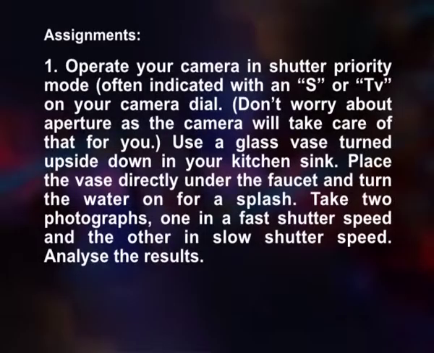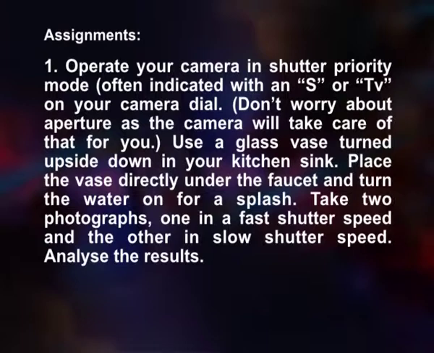Before we move on to the next session, please try to answer the following questions. 1. Operate your camera in shutter priority mode, often indicated with an S or TV on your camera dial. Don't worry about aperture, as the camera will take care of that for you.